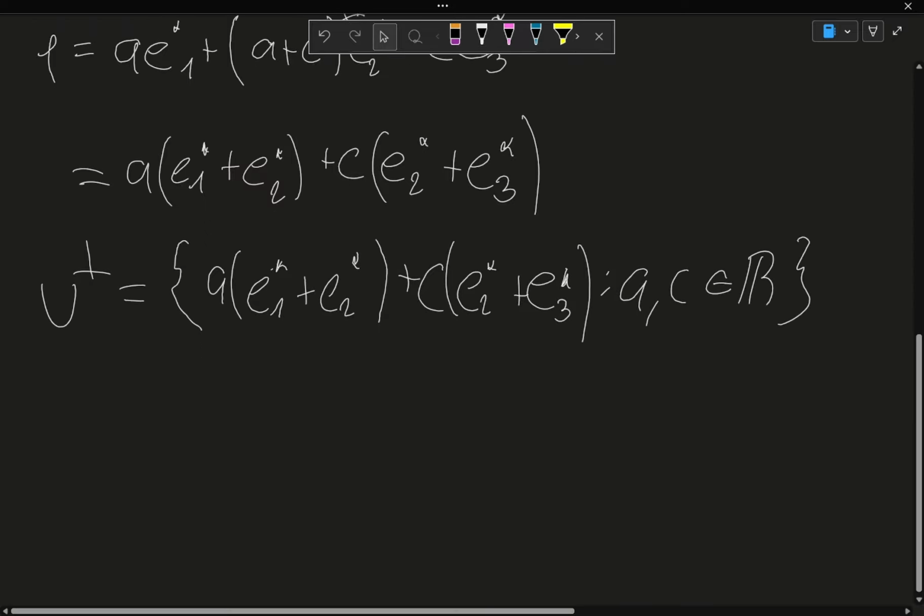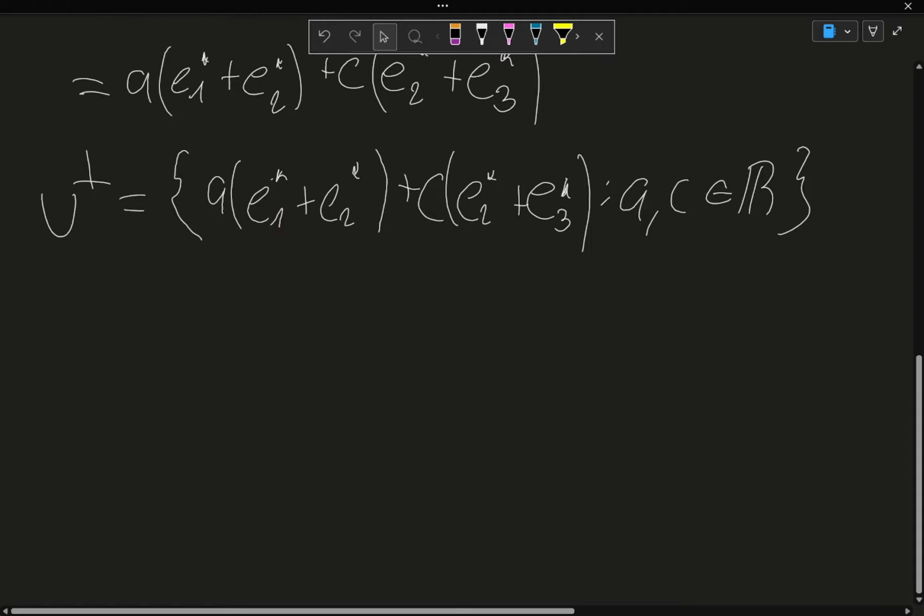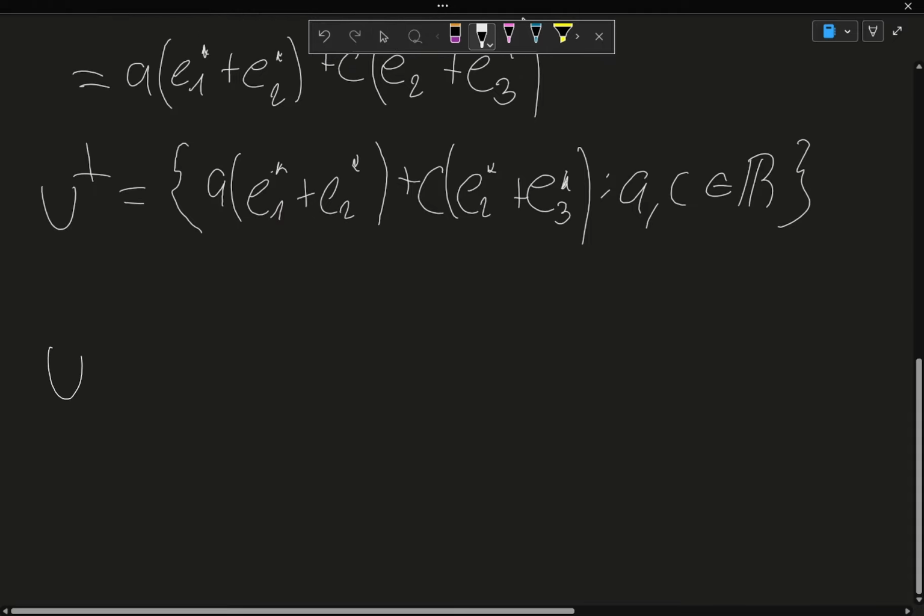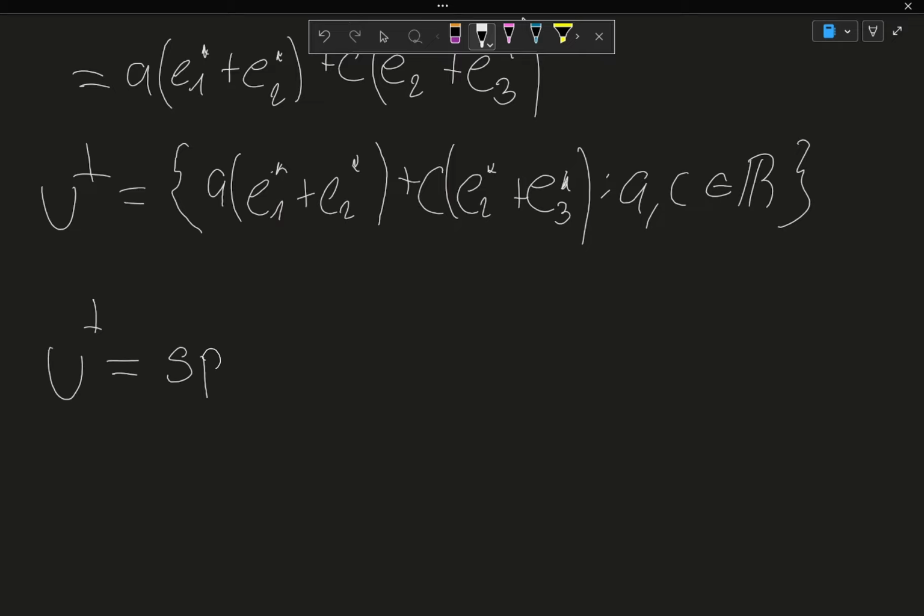It's probably the more formal way, but you could also write it in the form of the span, so that U perpendicular, the annihilator space, is equal to the span of the vectors (1, 1, 0) and (0, 1, 1).